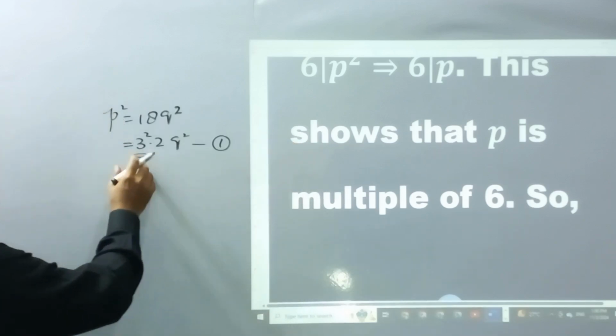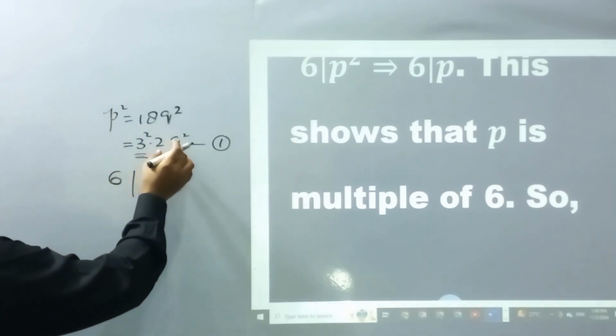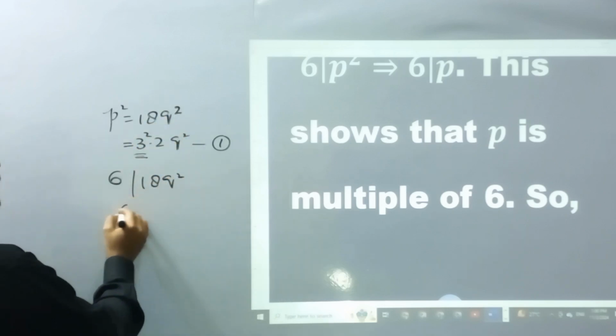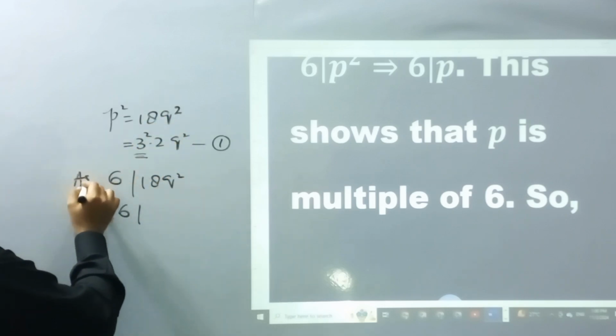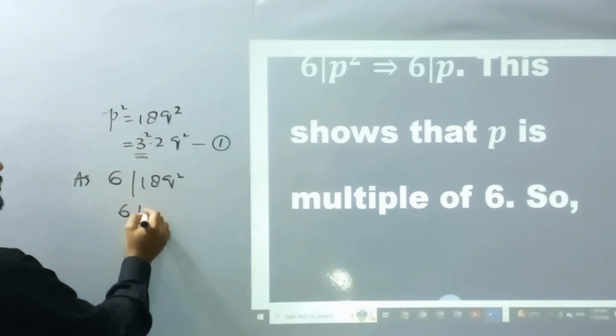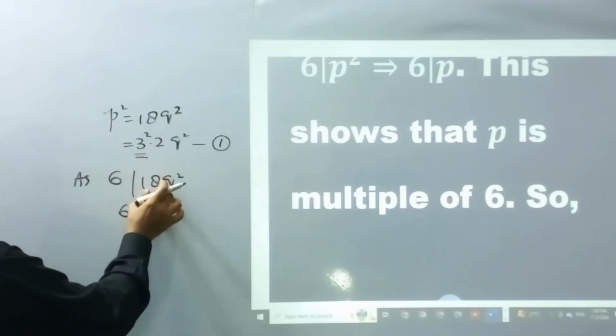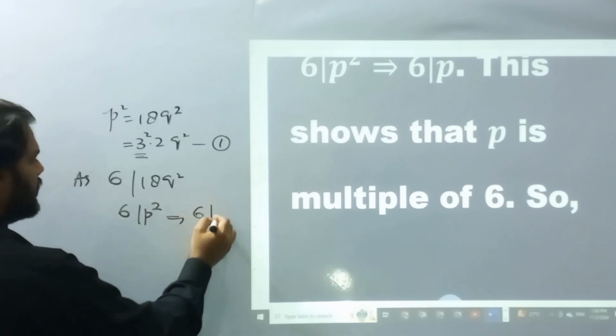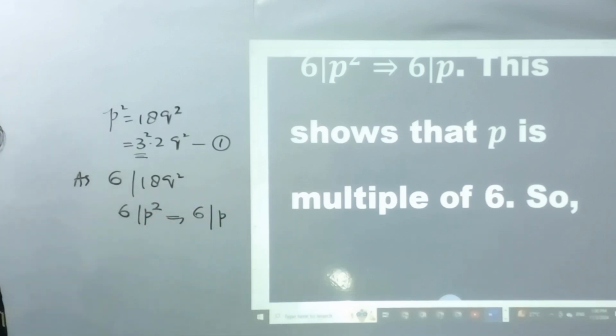6 divides 18q square, as 18q square is equal to p square. So 6 divides p square, this implies 6 divides p.